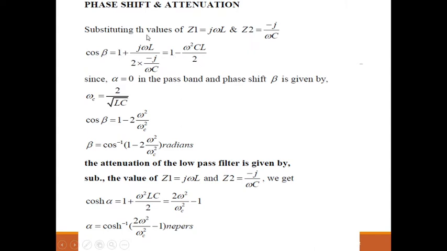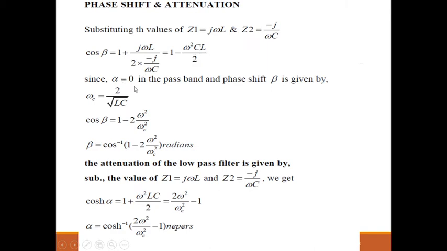But this is a general equation; the Z1 and Z2 values may vary according to the selection of networks. That is a common expression. We substitute Z1 and Z2 values directly in the general equation, and finally we obtain 1 minus omega square C L divided by 2.